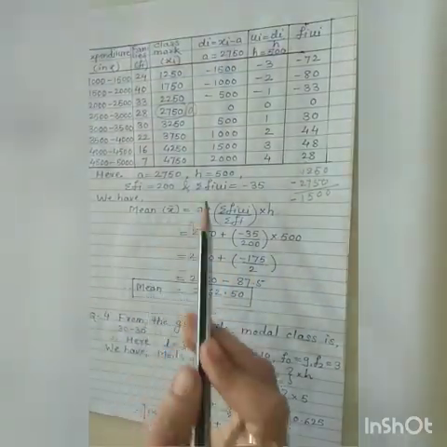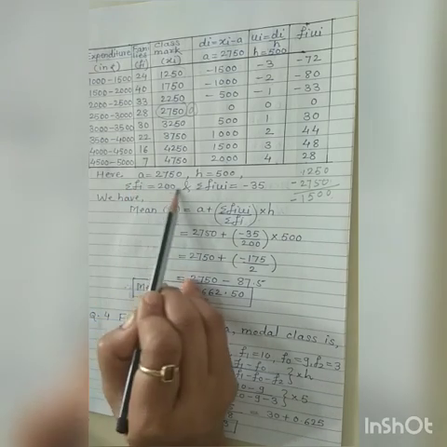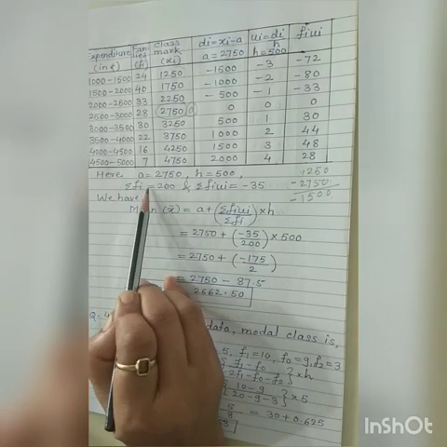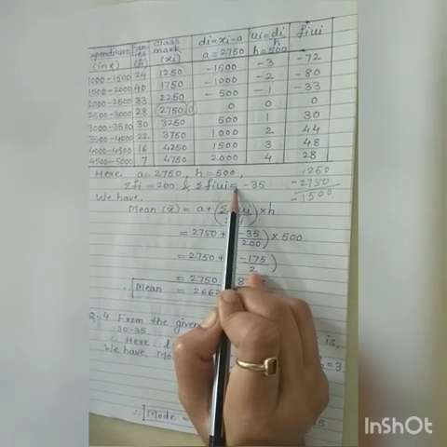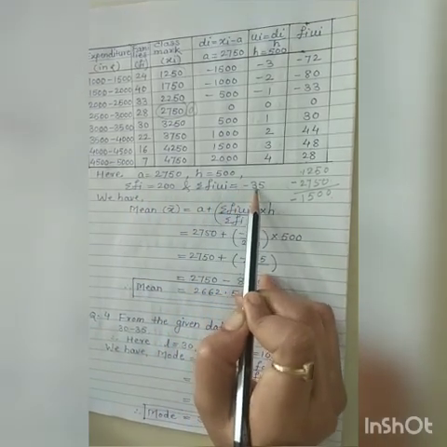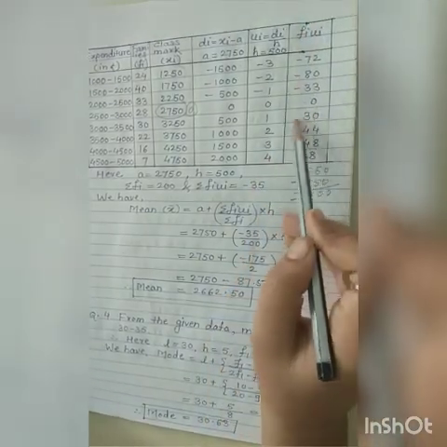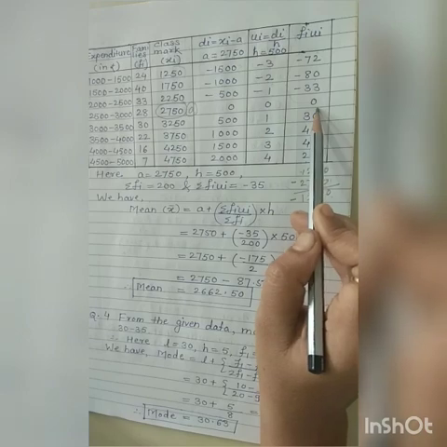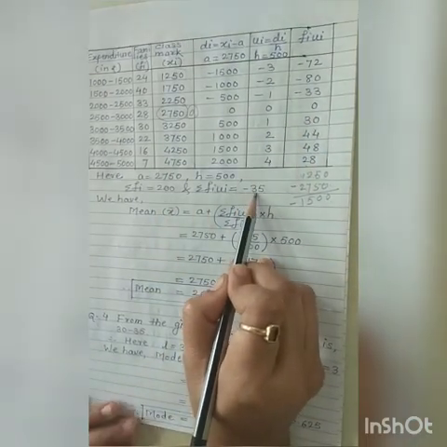Now find the total of all frequencies, that is summation fi is equal to 200, and summation fi ui is equal to minus 35, because the addition of all these negative numbers and the addition of all these positive numbers gives us minus 35.